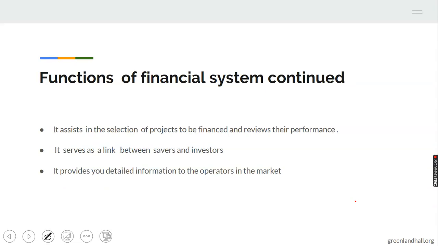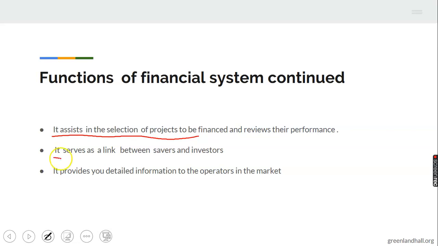4. It assists in the selection of projects to be financed and reviews their performance. So financial system equally helps to identify projects that need to be financed and then helps to review them to see the level of their performance or how far the objectives of such projects have been achieved. 5.